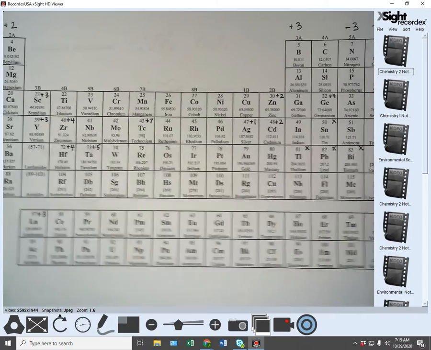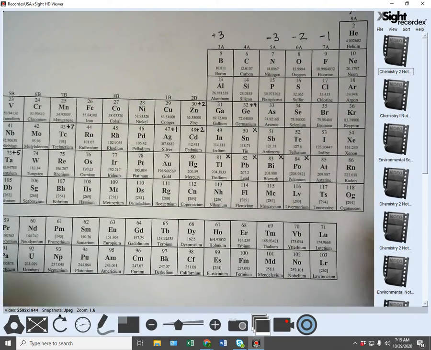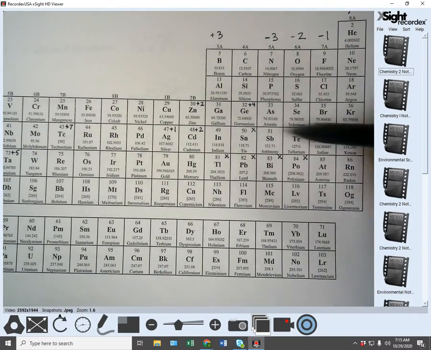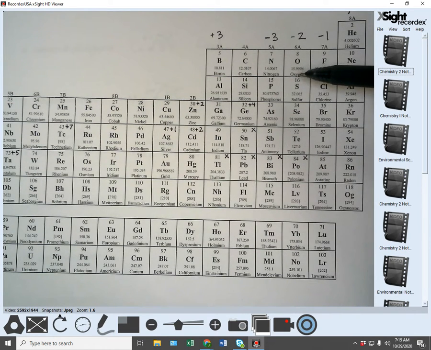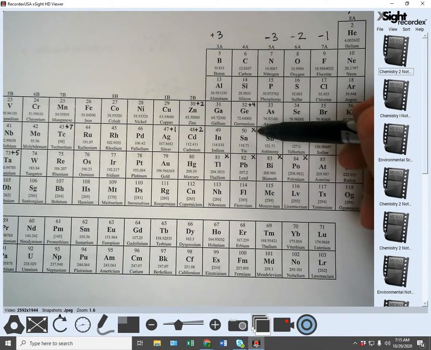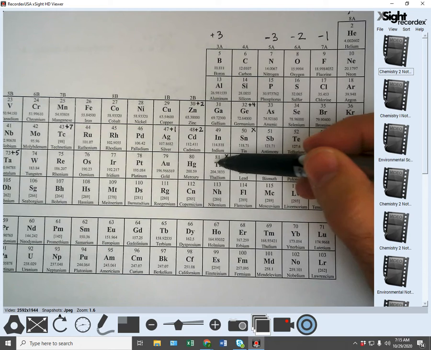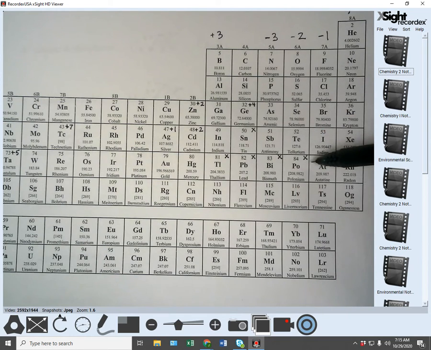Now, we also have some exceptions over here. See these 5 that I marked with X's? Those are metals, so they'll make positive cations. However, they don't go by the column numbers. Okay, so these 5, tin, thallium, lead, bismuth, and polonium, they're metals, they'll form positive ions, cations.